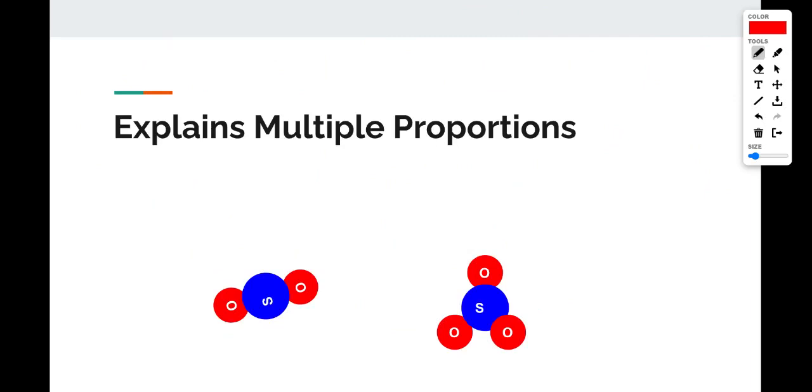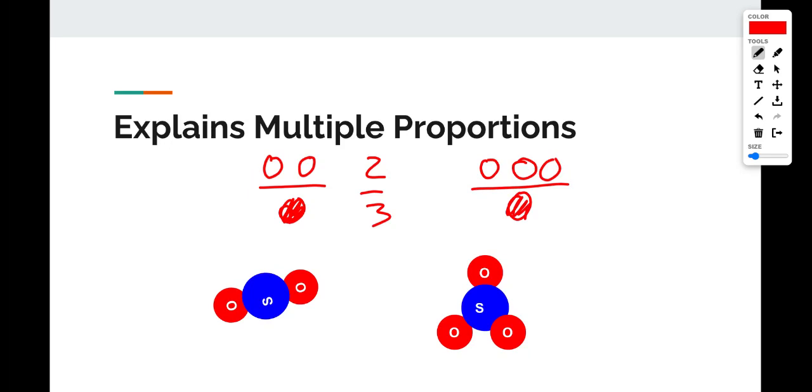It also explains the law of multiple proportions. Here's our 2 different compounds, let's say. For this one, your oxygen to sulfur mass ratio is going to look like that. So, let's say that each oxygen weighed 1, that would be a 2/3. And for this compound, you're going to have 1, 2, 3 over 1. So that would be a 3/3 ratio.